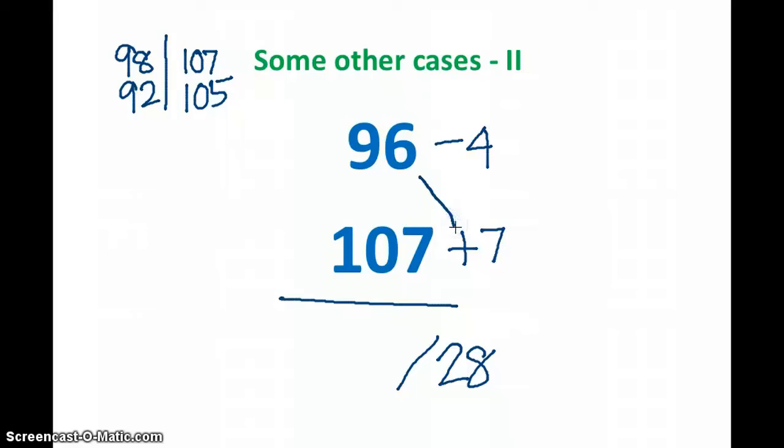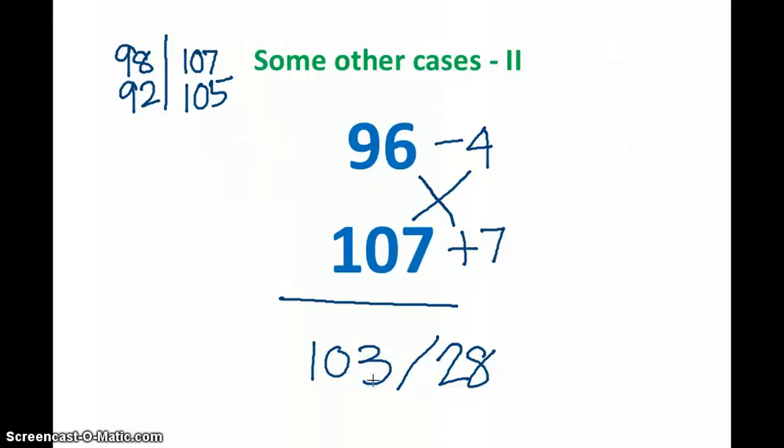We don't do minus 7, because plus 7 is more. But the technique remains the same: in a diagonal way either we add the numbers or subtract the numbers, or we can do 107 minus 4. And the beauty is that 107 minus 4 gives me 103, and 96 plus 7 also gives 103. So the answer is 10328.